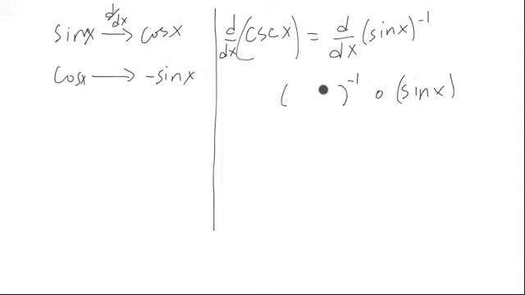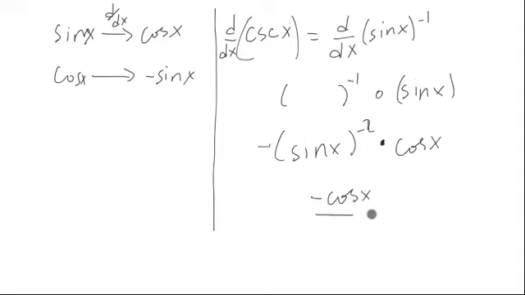So the derivative is negative 1 times sine to the negative 2, multiplied by the derivative of the inside, which is cosine x. So this would be negative cosine x all over sine squared x.